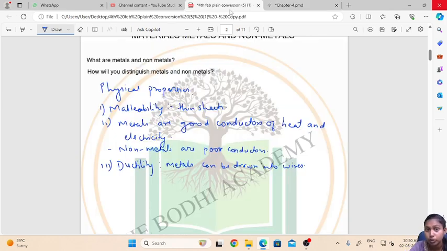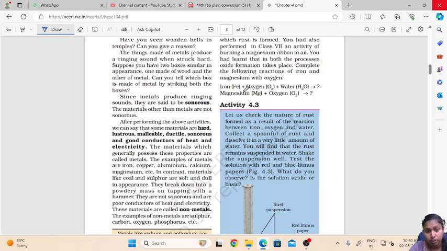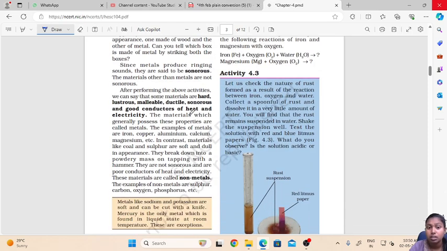So another property of metals is sonorous. They produce loud sound.